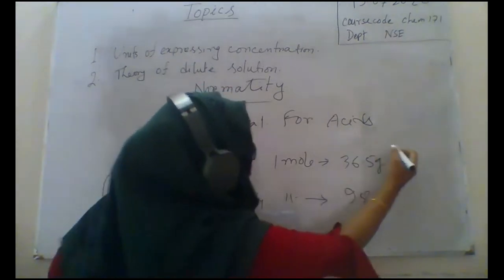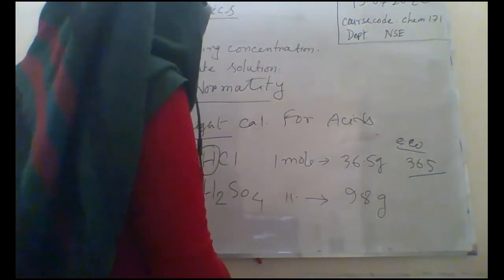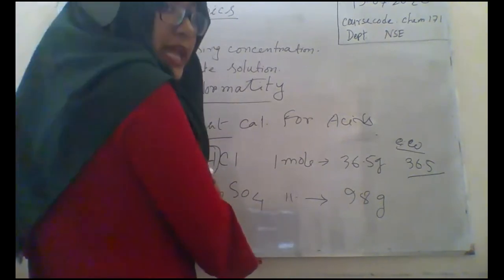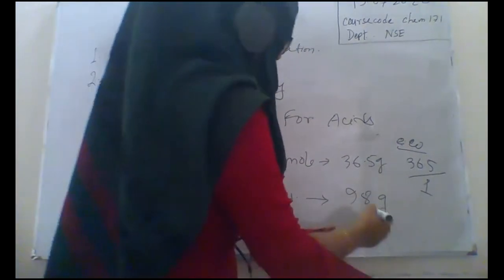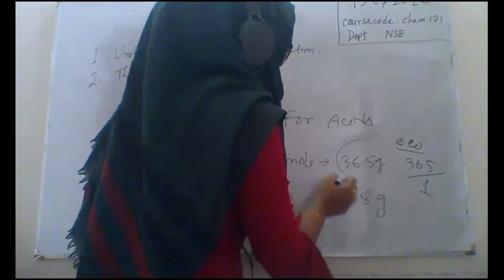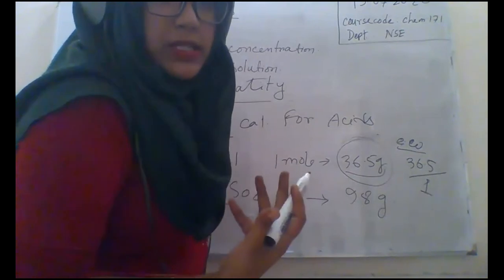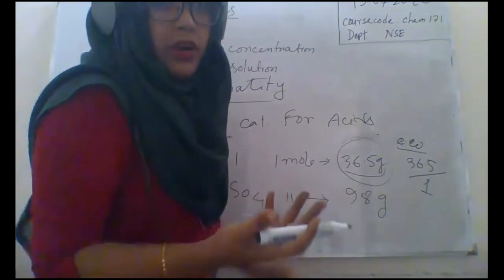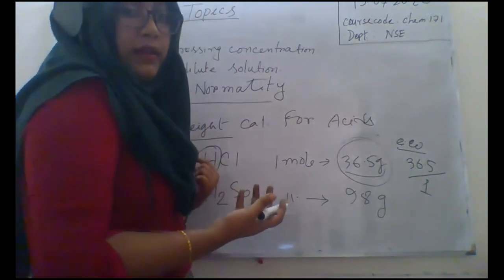So the molecular weight will be divided by the equivalent number. What is the equivalent number? The equivalent number is the number of H+ ions present in the acid. So it is 1. For HCl, the equivalent weight and molecular weight are the same because the number of H+ ions is 1.